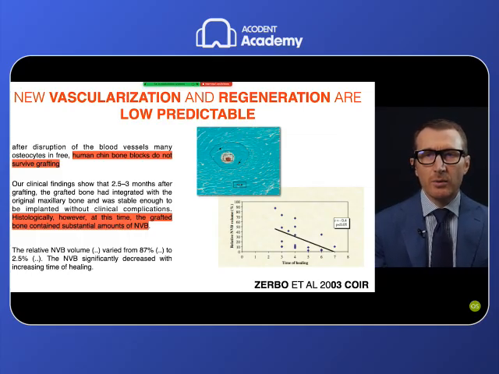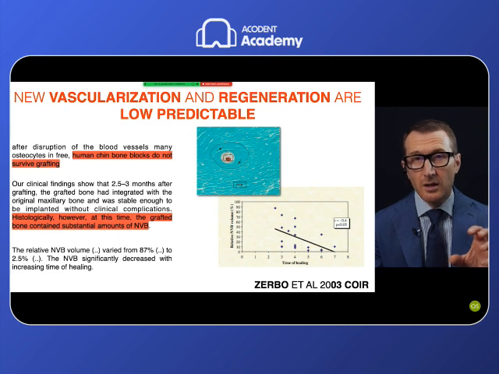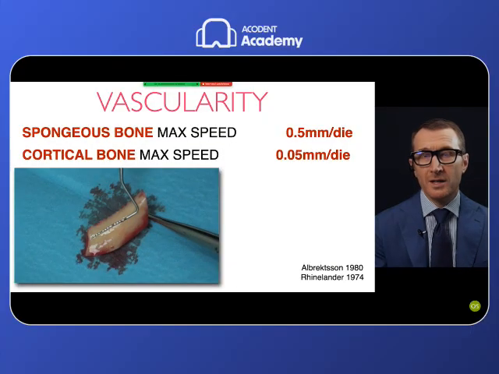And usually when we are waiting between 4 and 6 months, we may really have a poor histological result in terms of graft vitality. The reason is that we first need osteoclastic activity to open a channel, a tunnel inside the block, and bring new vessels inside and new bone formation. But this new bone formation will be just inside this tunnel area, a few hundred microns inside the bone, so it will be a minimal amount of bone formation.